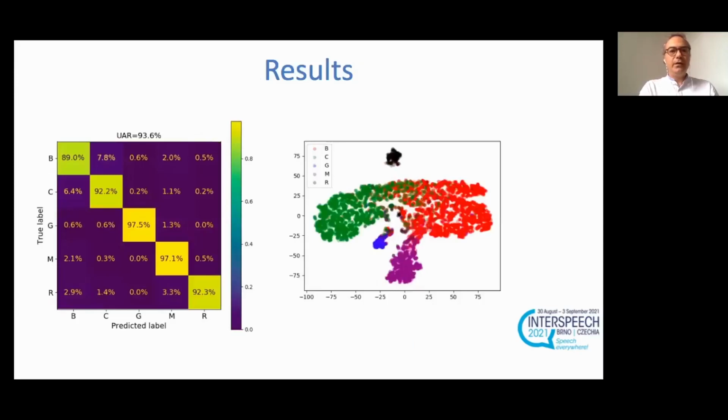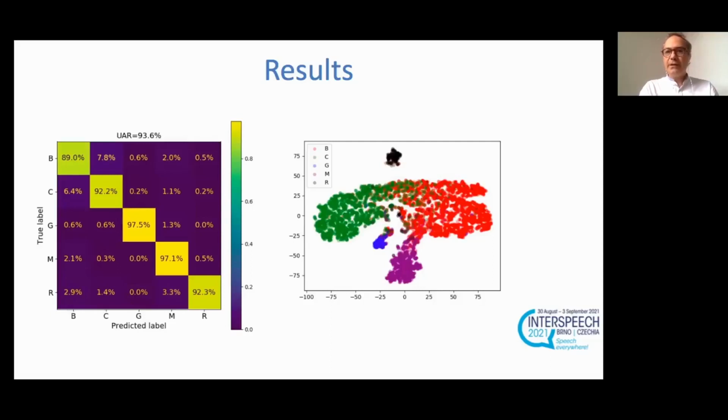Here you can see the confusion matrix of the best model on the development subset. What we can observe is that the most confusions are made with the background class, as can be expected.